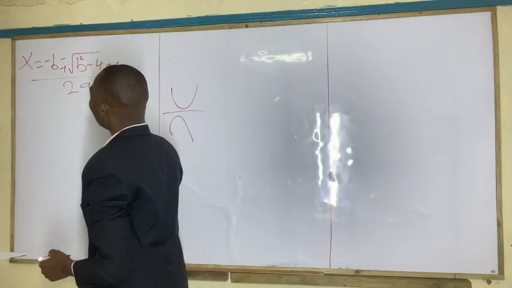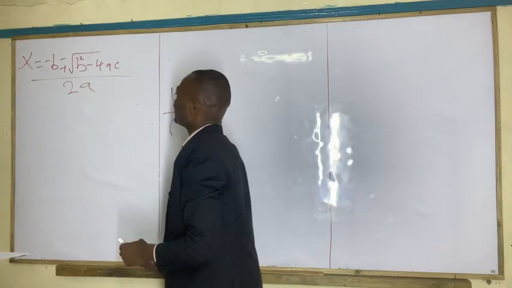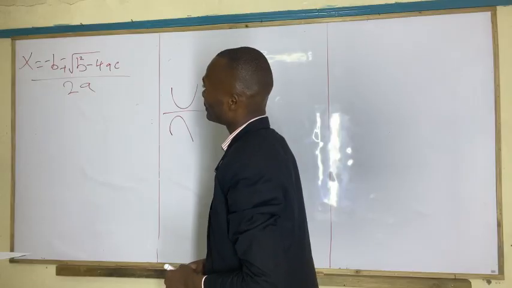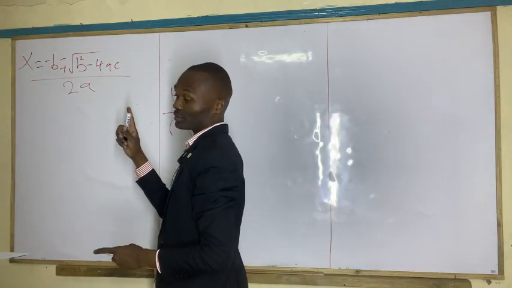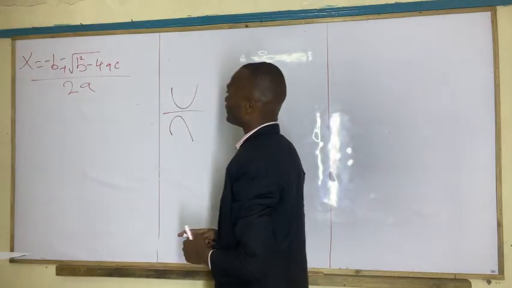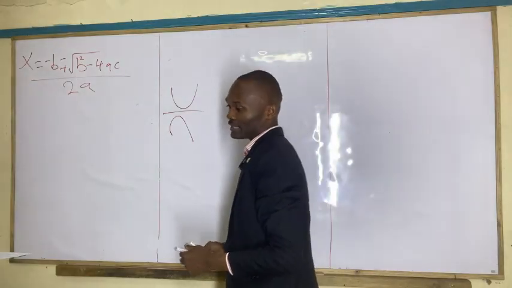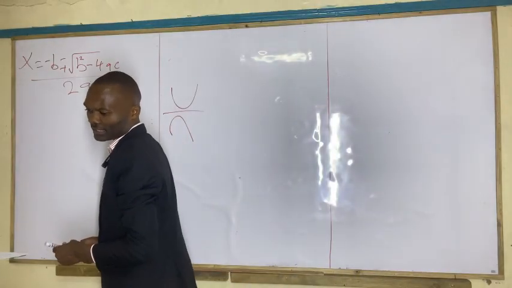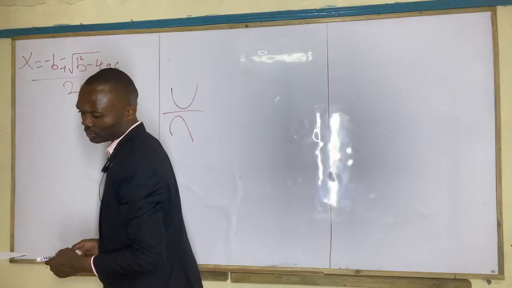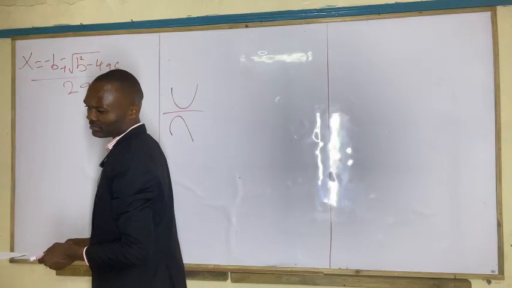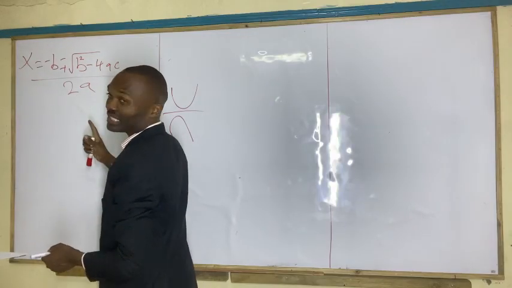Good. So mark this thing. So that is our quadratic formula. Anytime you get a formula like this, you must understand that's the quadratic formula.